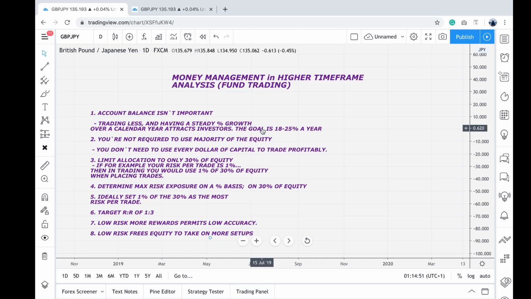Right, so number 7, low risk, more rewards permits low accuracy. Your RR, which is your risk to reward, is very important if you want to take trades, especially with higher time frame analysis, using the concepts I taught with IPDA, with seasonal tendencies, with reversals, major market reversals in the marketplace.